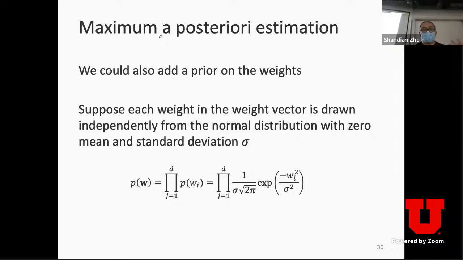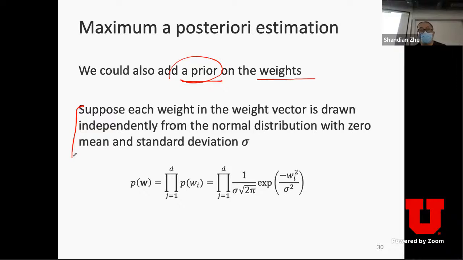But for maximum a posteriori, we do. So we need to encode our beliefs or preferences over the weights with some prior. There are a lot of choices, and those choices really depend on the user.